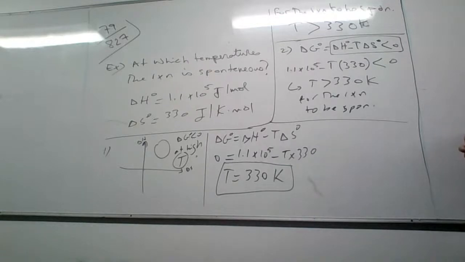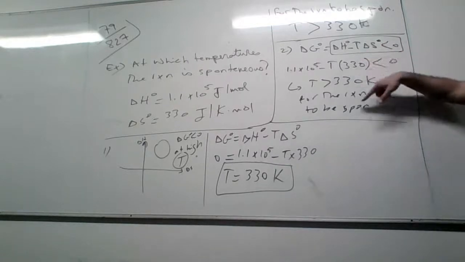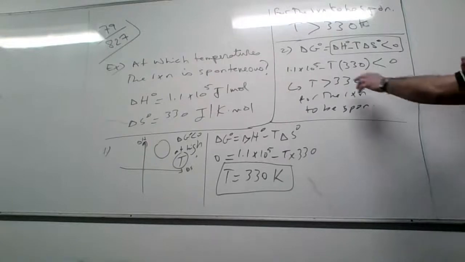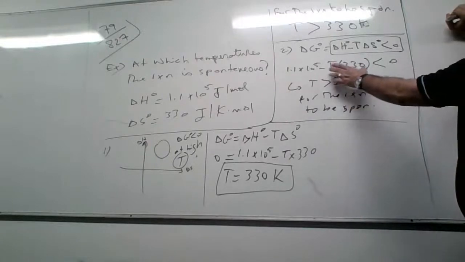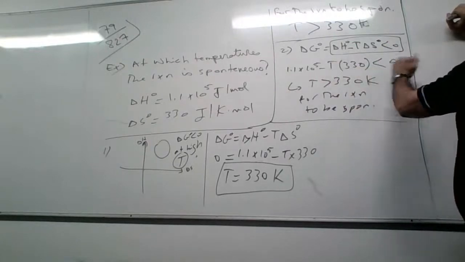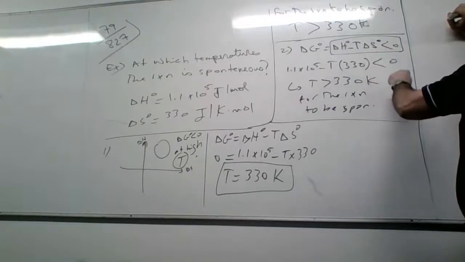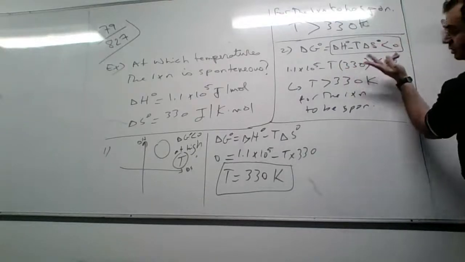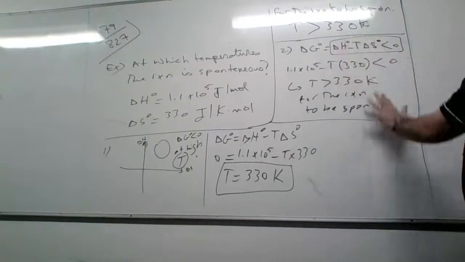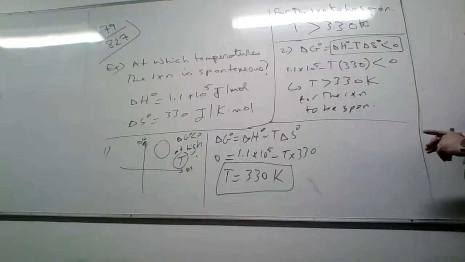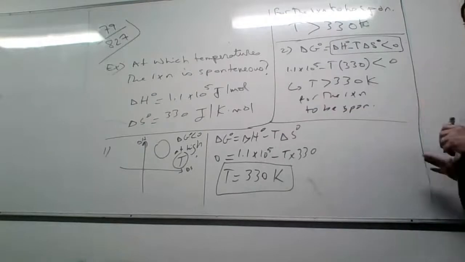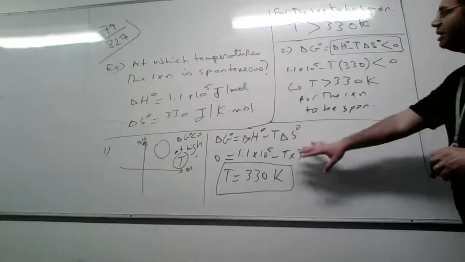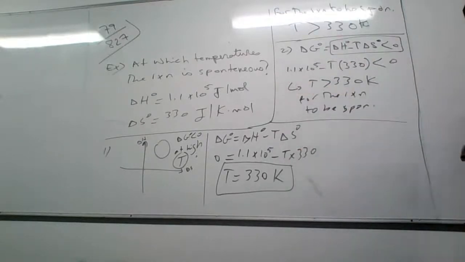Students don't like to solve an inequality, because they take this part, then divide by 330 so it will stay this way. If delta S were negative, this should flip. They lose marks in this method only because of the math. They prefer this way. It's up to you, this one or this one.